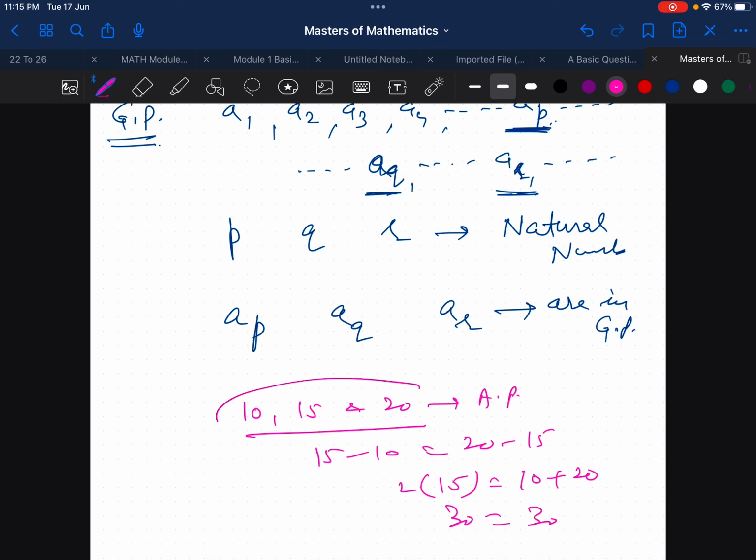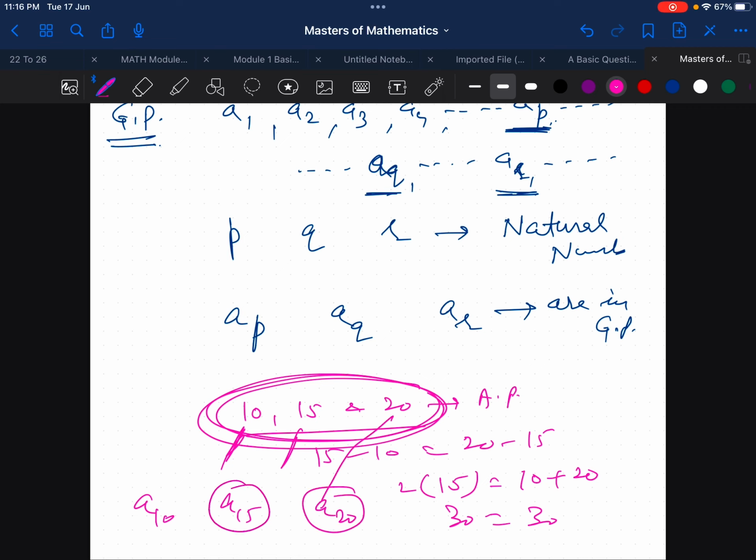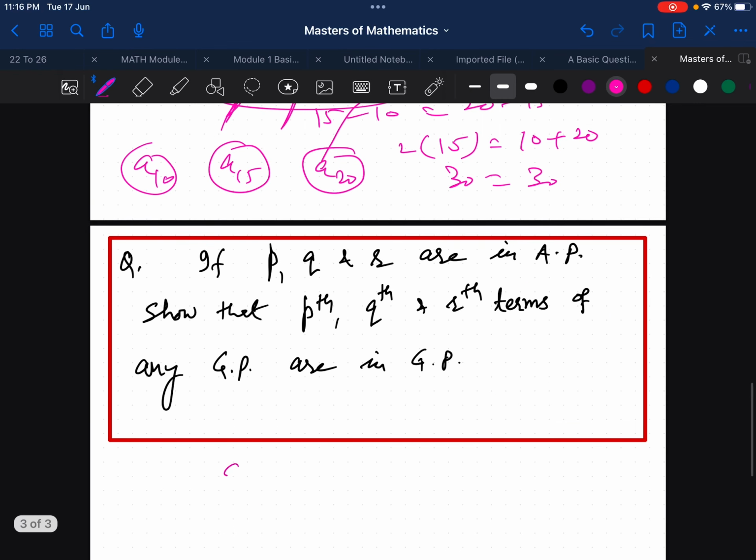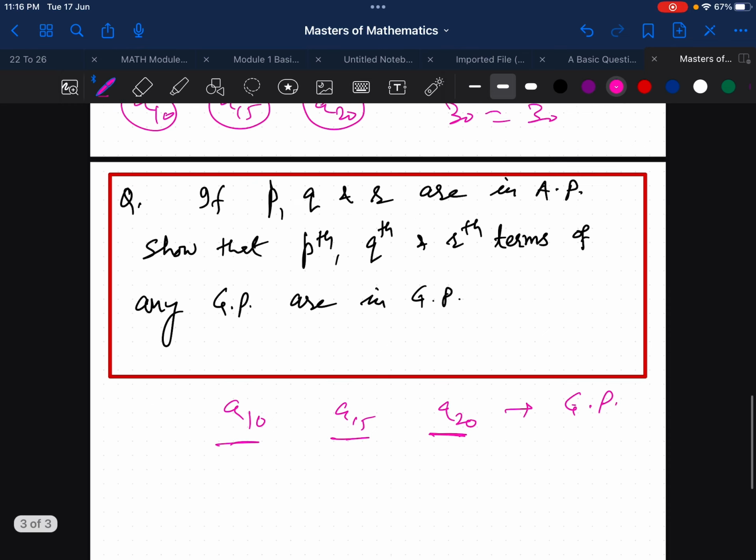So these are three terms in AP. Similarly, this is the 10th term, then the 15th term, and then the 20th term. So I have to prove that if 10, 15 and 20 are in AP, then A10, A15 and A20 are in GP.